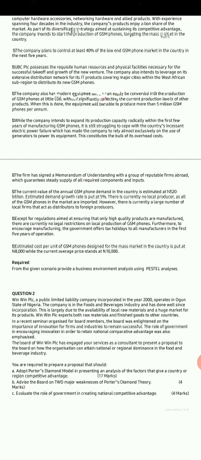So you can also write that under the legal aspect, that there's actually no legal factor, because there are currently no legal restrictions on local production of GSM phones, apart from the fact that they ensure that only high quality products are being manufactured. So after you are done with that, you are actually done with your question.